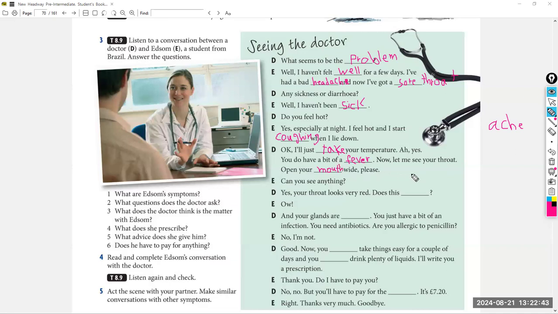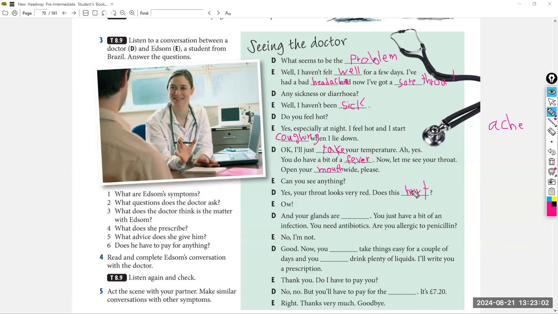Okay, Can you see anything? Yes, your throat looks very red. Does this hurt? Oh, so does this hurt? Yes, it does. Does this hurt?